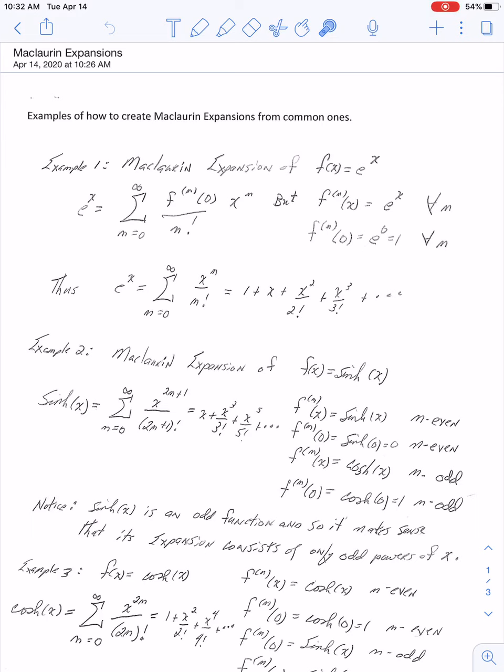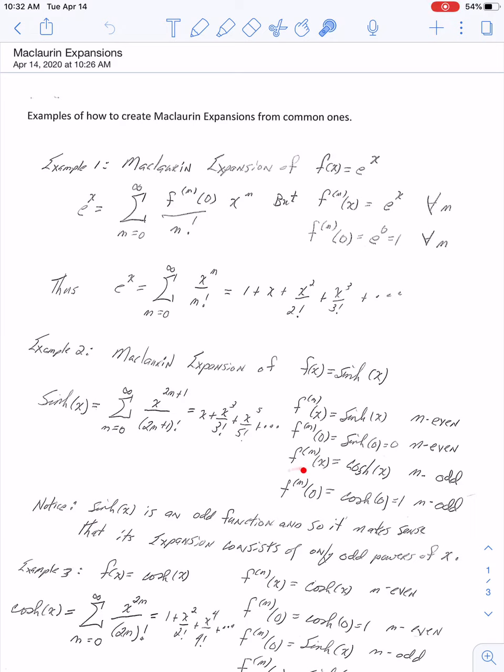And the point is, f upper n of x is sinh x when n is even. And therefore, f upper n at 0 is just sinh of 0 when n is even. But what's sinh of 0? The answer is it's just 0. Now, when n is odd, f upper n of x is cosh, because it just alternates between cosh and sinh.